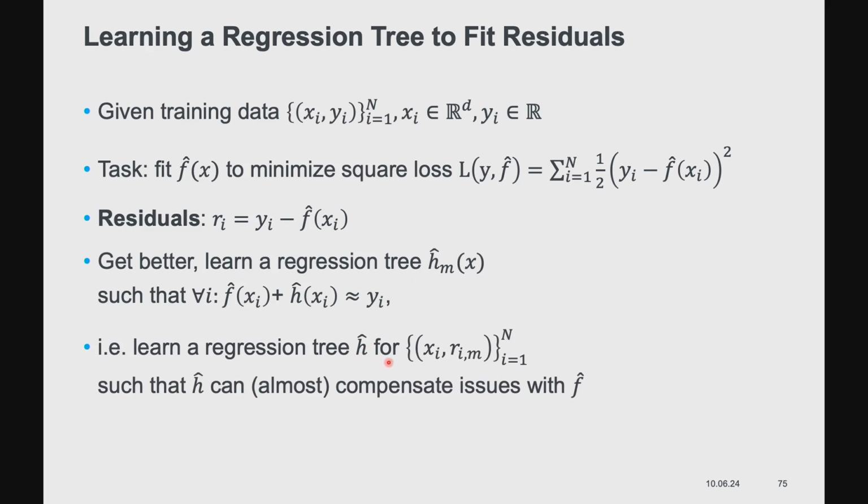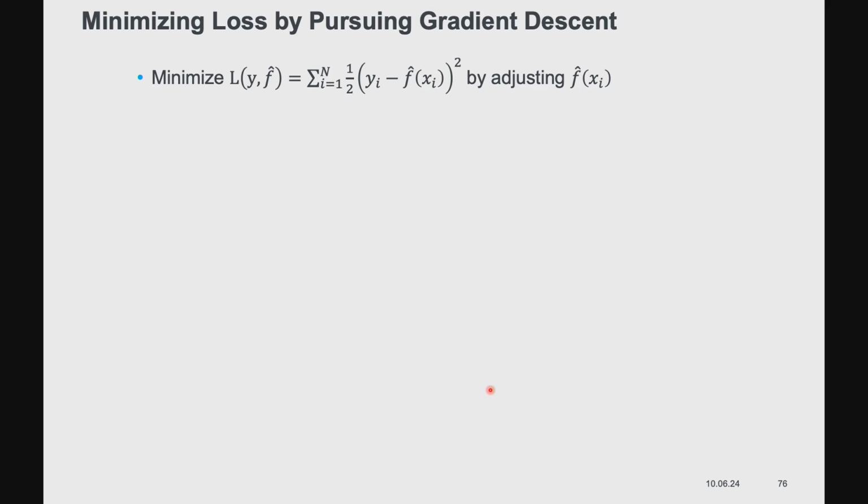So we learn this regression tree. Now no longer for xi's and yi's, but for xi's and r_im's, such that our h hat can compensate the issues with f hat, the mistakes that we make. So let's do this by adjusting f hat. In which direction?